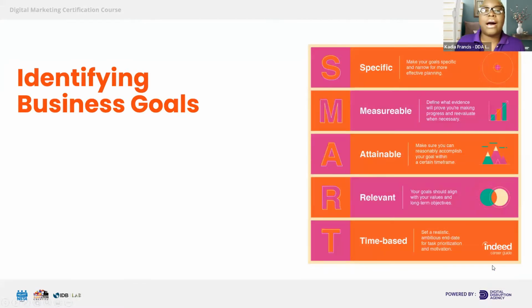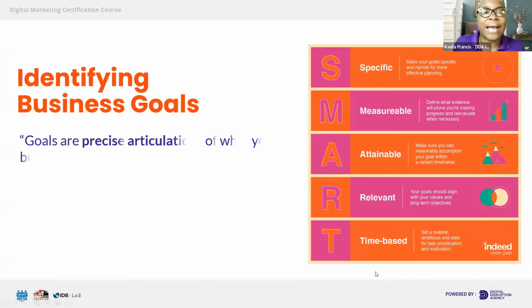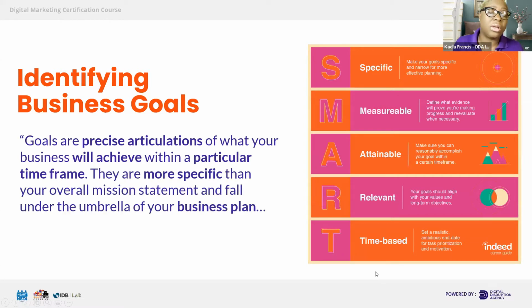Okay. So how do you identify business goals? One of the methods is the SMART goal strategy. What we're saying with the SMART goal strategy is that you can't have a goal that's not precise or clear or specific.